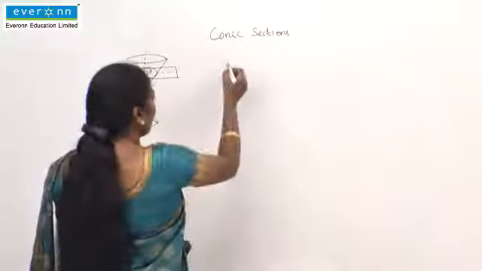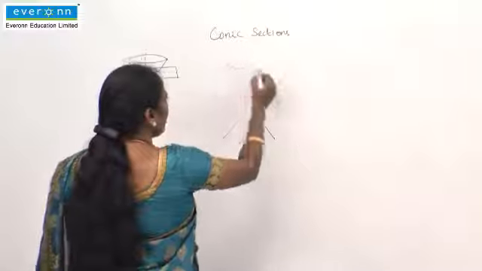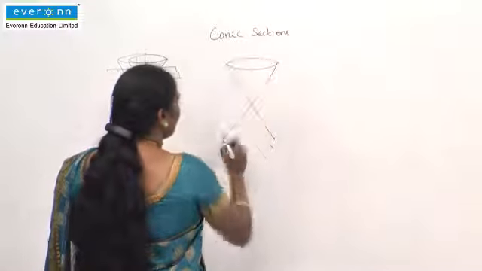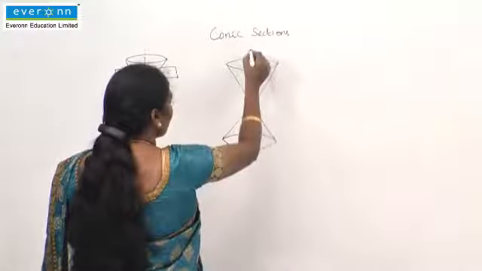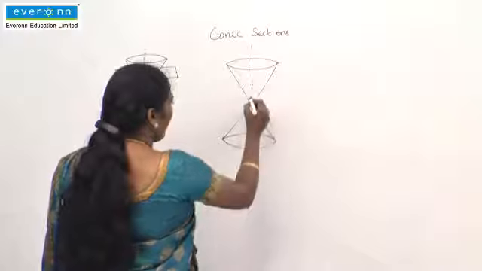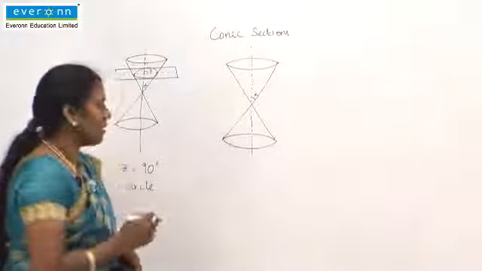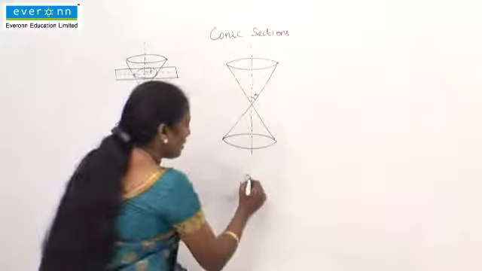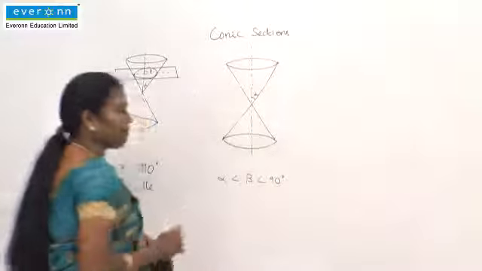Next condition we are going to see is that beta lies between alpha and 90 degrees. Here again we consider a double naped cone and alpha is the angle between the axis and the generator line. Beta lies between alpha and 90 degrees.